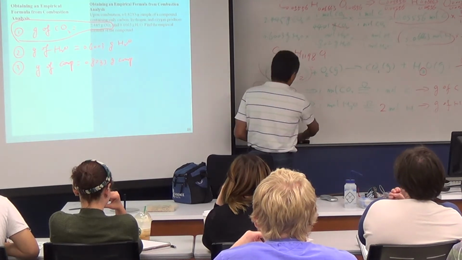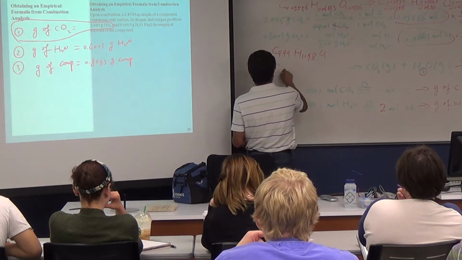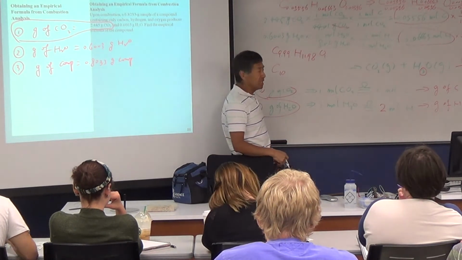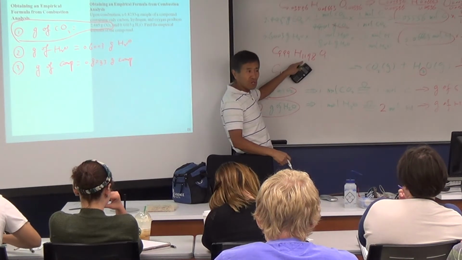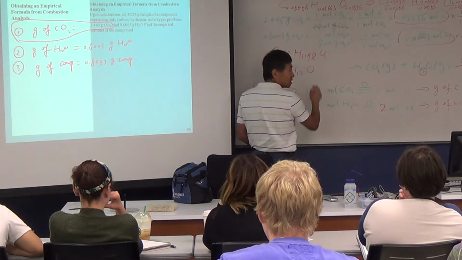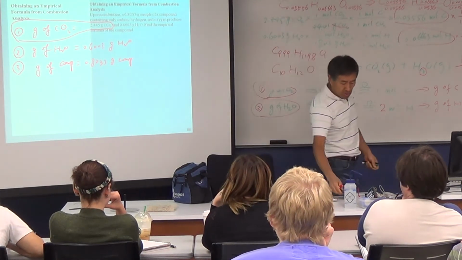So 0.01 is less than 0.1. It's so close to 10, we just round to 10. Now this one is close to 12, so this becomes H12. Then O just becomes O1.